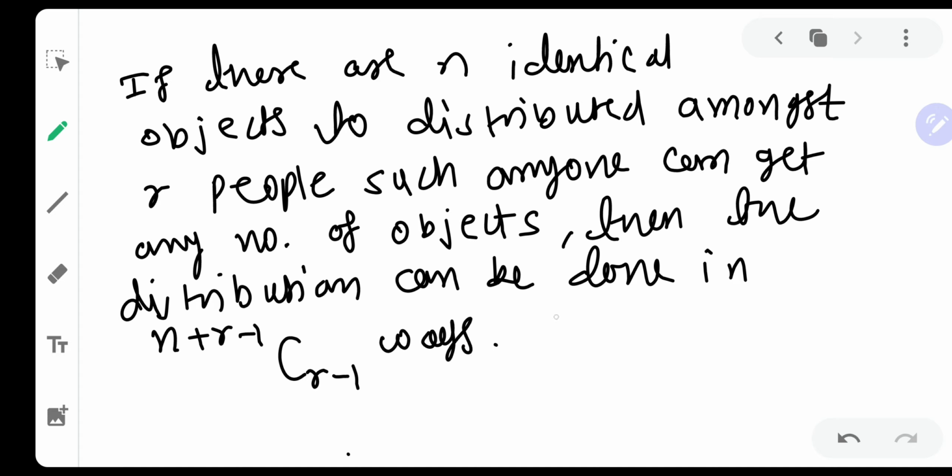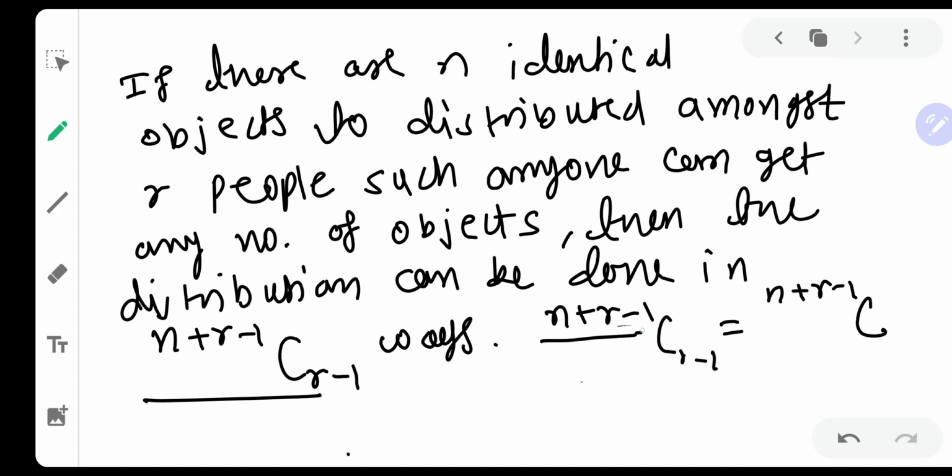I will also tell you one more thing. There is a formula in which NCR can be written as NC N minus R, right? This everyone knows. If I apply the same formula to this, N plus R minus 1 C R minus 1, you have to subtract: N plus R minus 1 minus R plus 1.